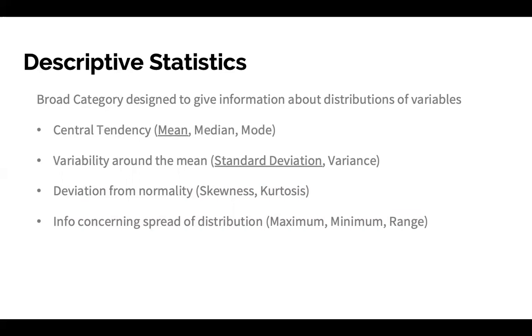Now let's get into the first part of descriptive statistics, which has to deal with central tendency, variability, normality, and maybe even just a spread of the distribution. These are all constructs that deal with more continuous forms of data.